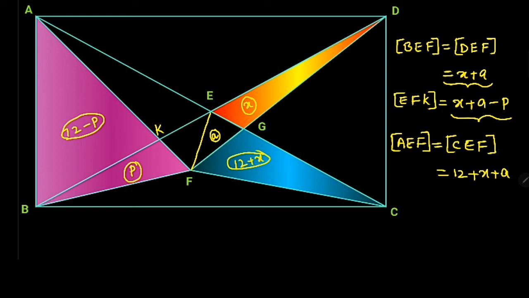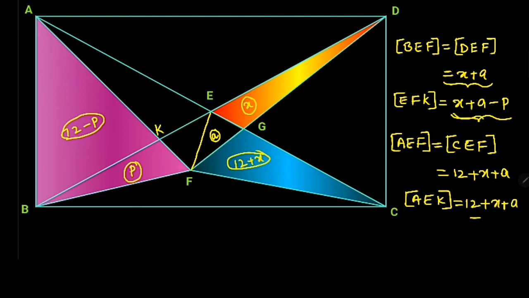Now you have the area of AEF and CEF. From that I am going to find out the area of AEK. The AEK area is the AEF area minus the EKF triangle area, that is 12 plus X plus A, the area of AEF, minus the area of EKF.